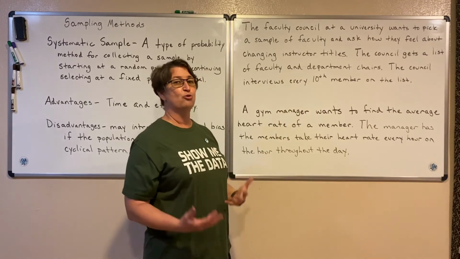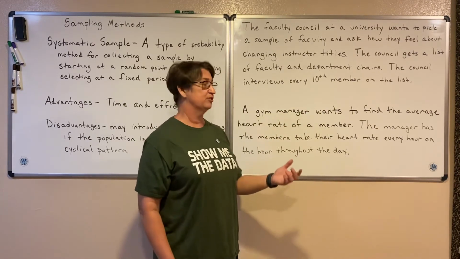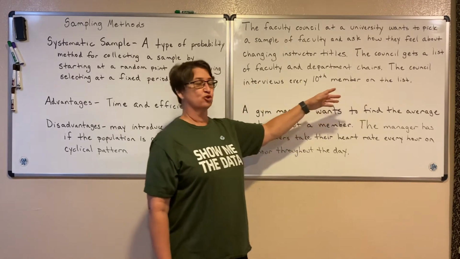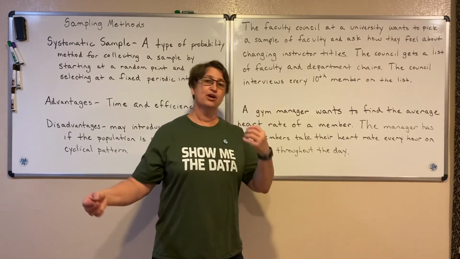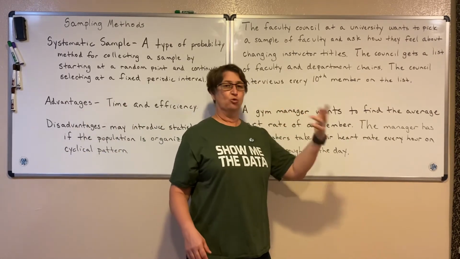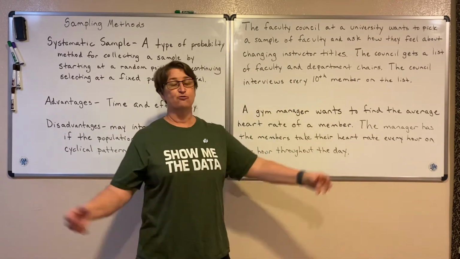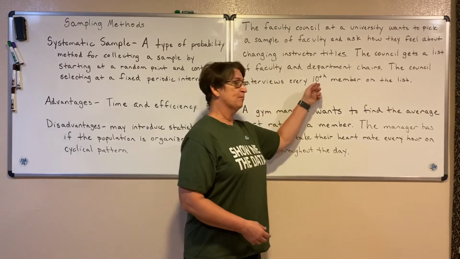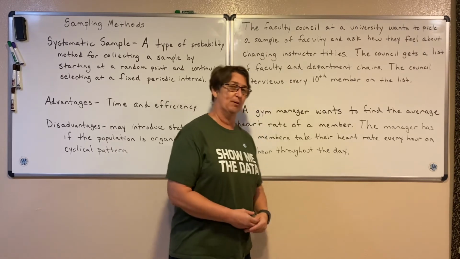And so those new hires have a different opinion than the rest of the faculty. So they just need to watch to make sure that the 10th member on the list includes department chairs and people who've been there for a while and people who've been there less time and new hires. It has a variety of people throughout the college. So having a method is a really good idea as long as there's not some pattern within the population.